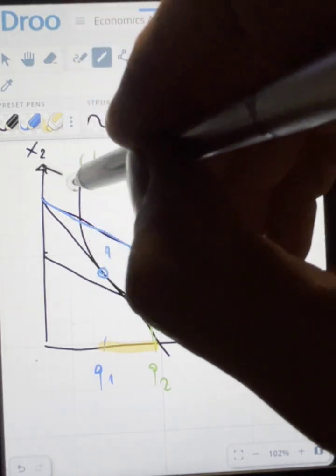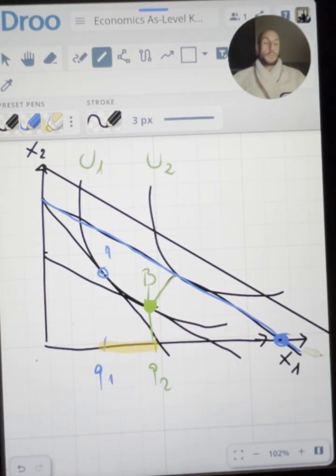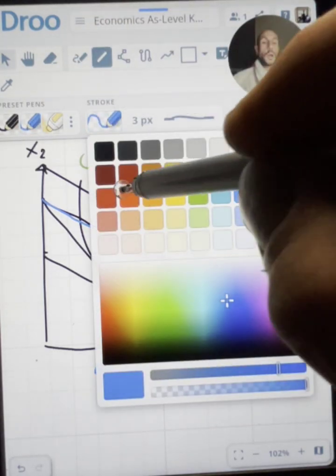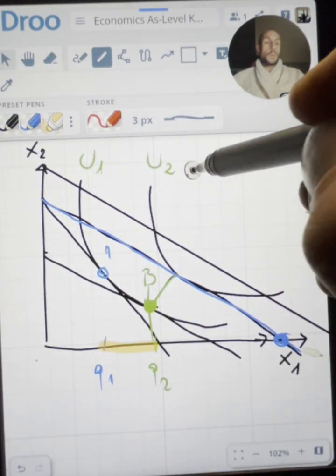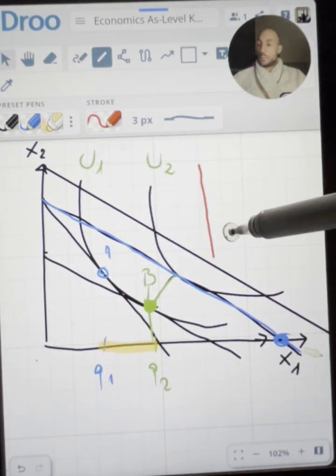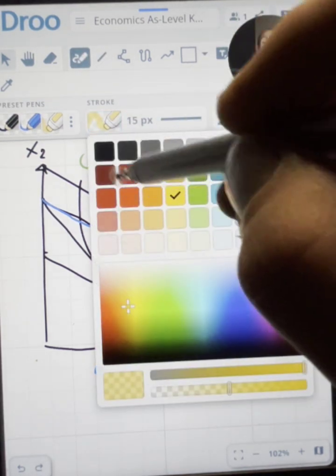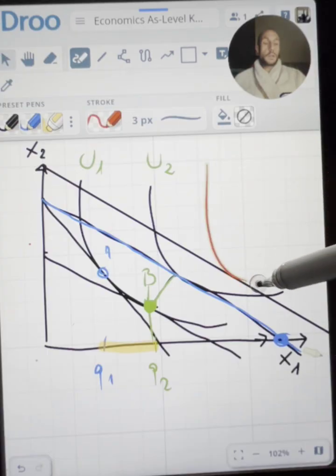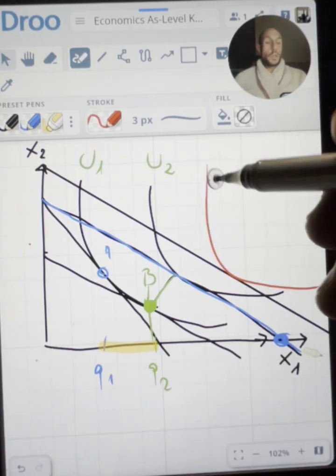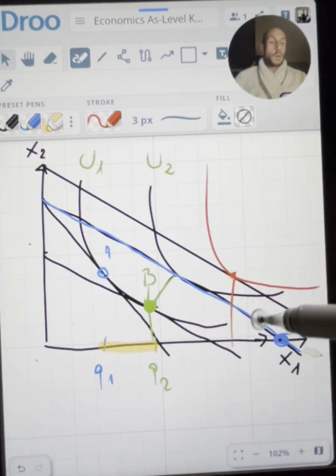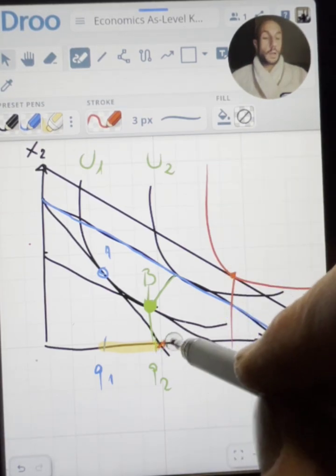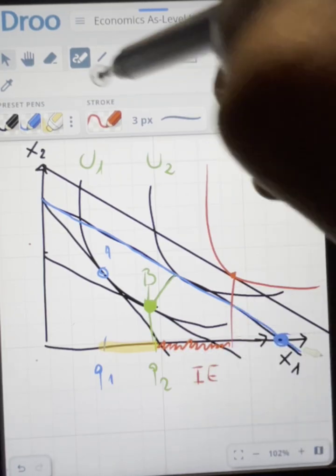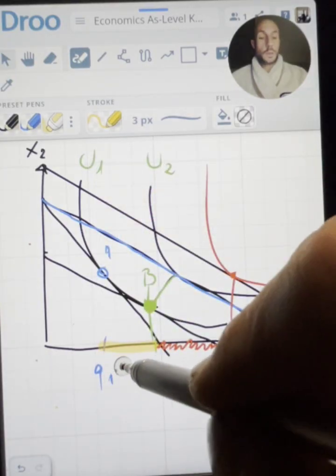Your budget line basically spreads out, and at that point, we are going to have a new utility curve like this. So the new quantity demanded will be this one. And this one is going to be the income effect, where this one was the substitution effect.